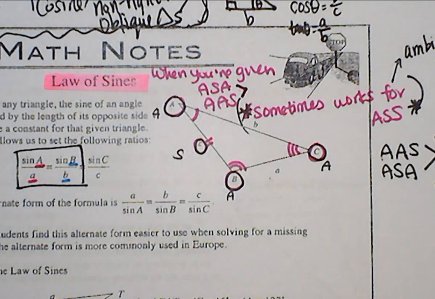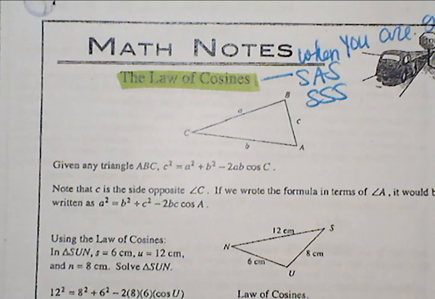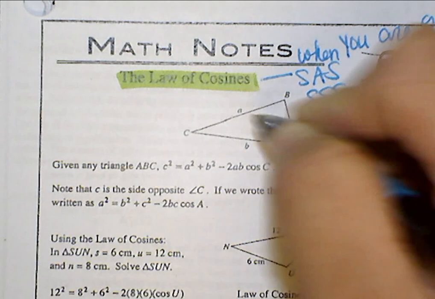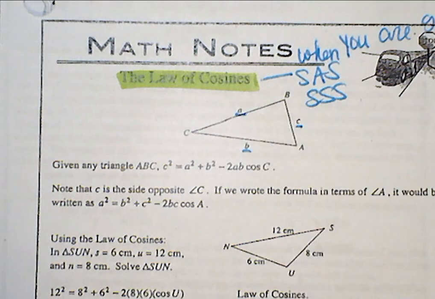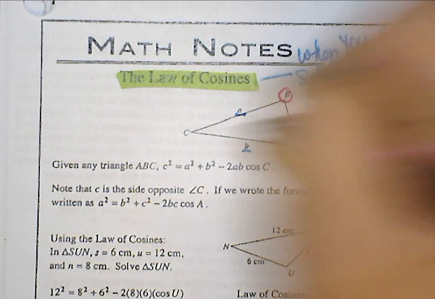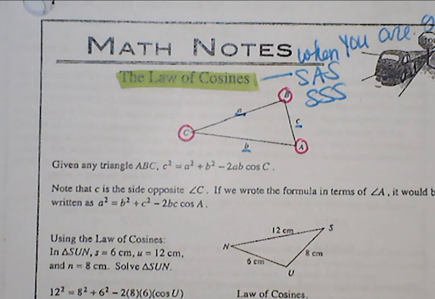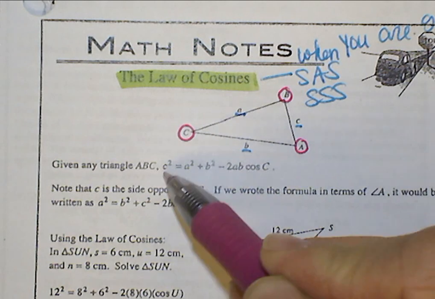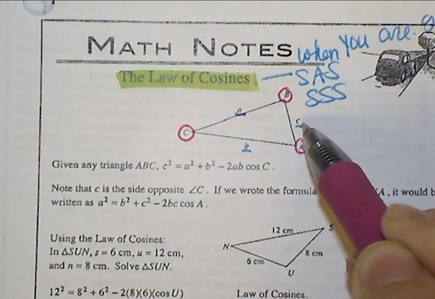Okay, let's look at the law of cosines now a little bit. Now, the law of cosines says, remember, the lowercase represents side lengths, and the uppercase represents the angles that are opposite to those lowercase sides. So the law of cosines says that the side squared equals the other two sides squared.